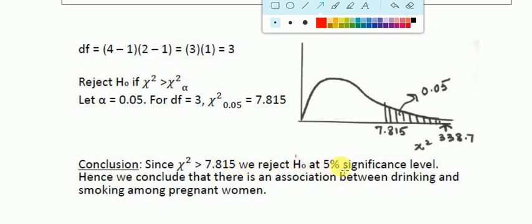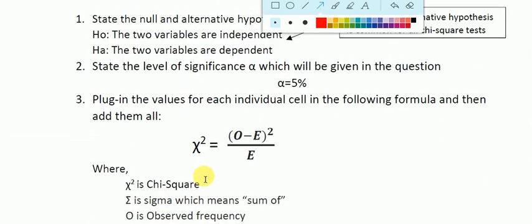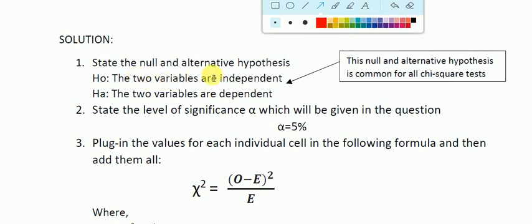At what significance level? 5% significance level. This should be given in the question. So hence we conclude: if we reject the null hypothesis, what did the null hypothesis state? The null hypothesis stated that the two variables are independent, but since we have rejected it, the two variables are dependent.